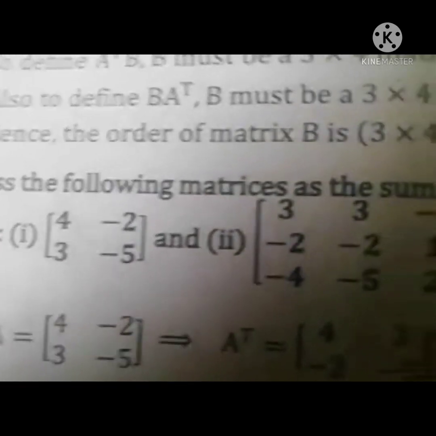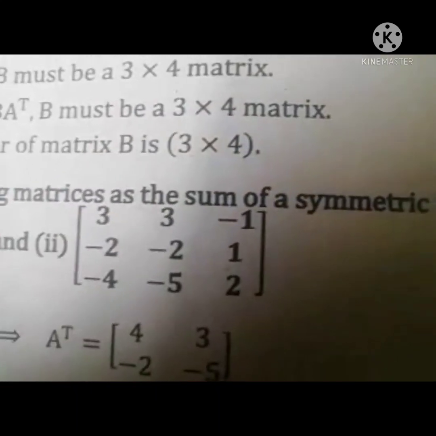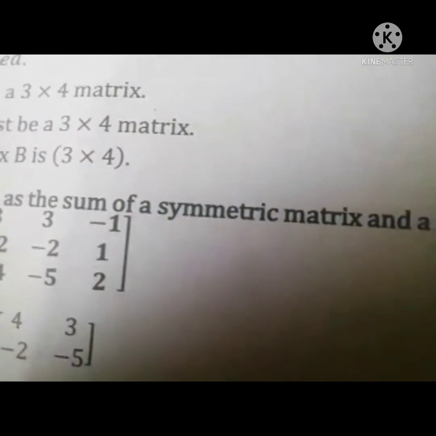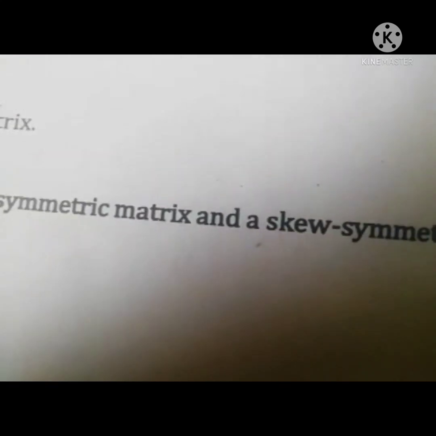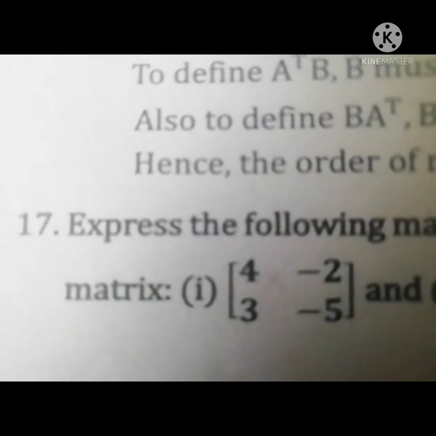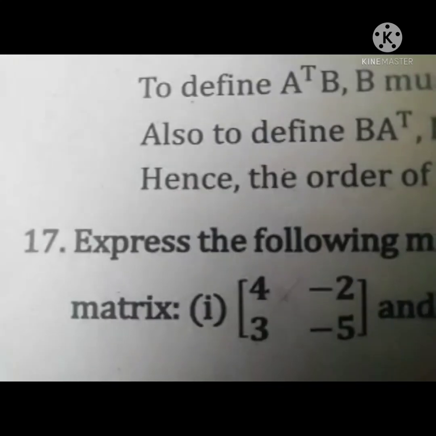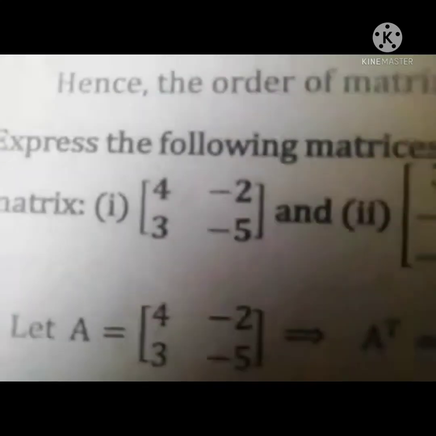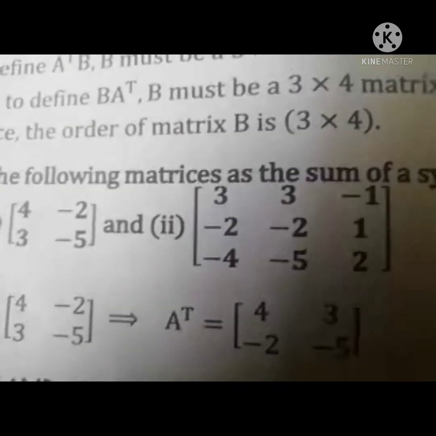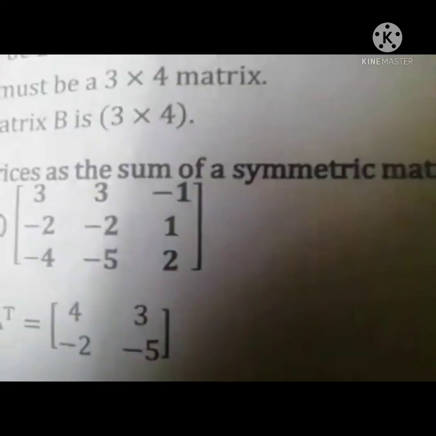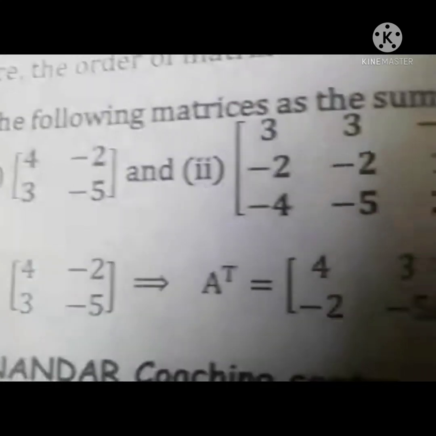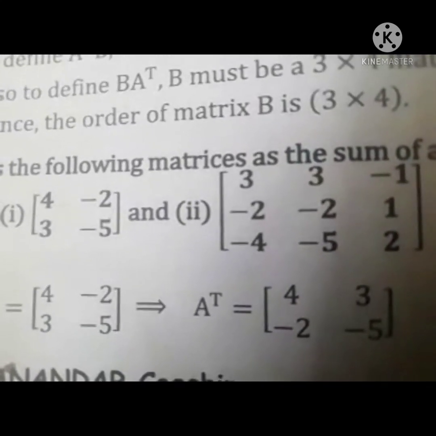Okay. Now sum number 17: express the following matrix as the sum of a symmetric matrix and a skew symmetric matrix. They have given one first subdivision, one matrix 4 minus 2, 3 minus 2. We take this A and find A transpose; they are not equal.